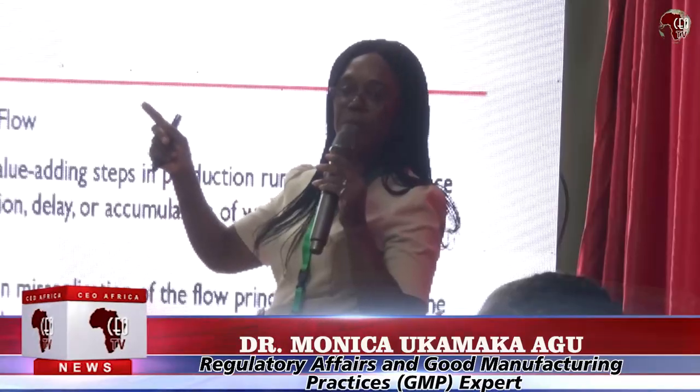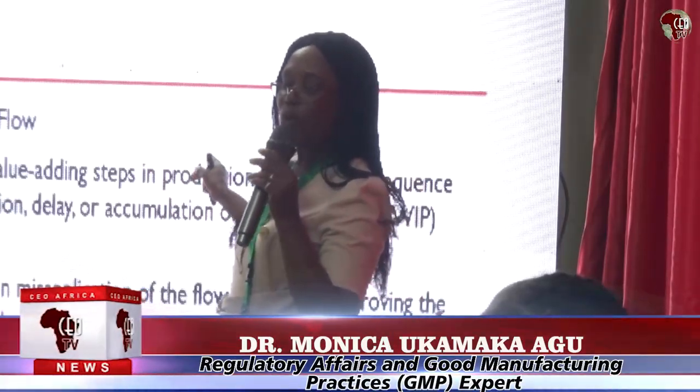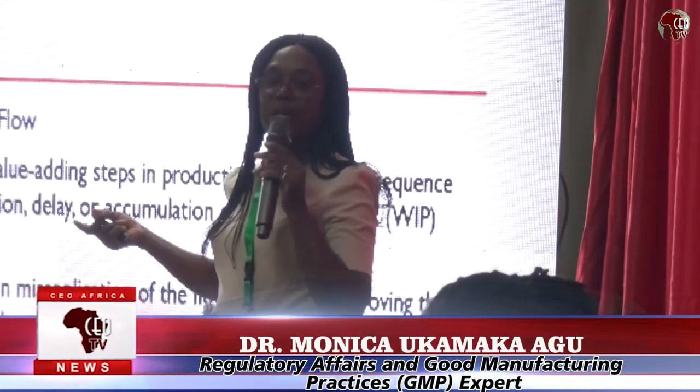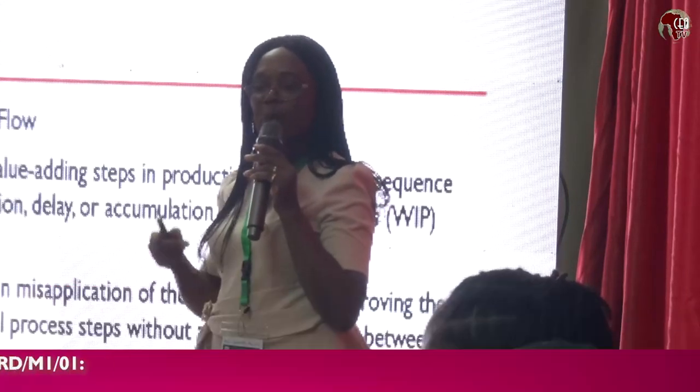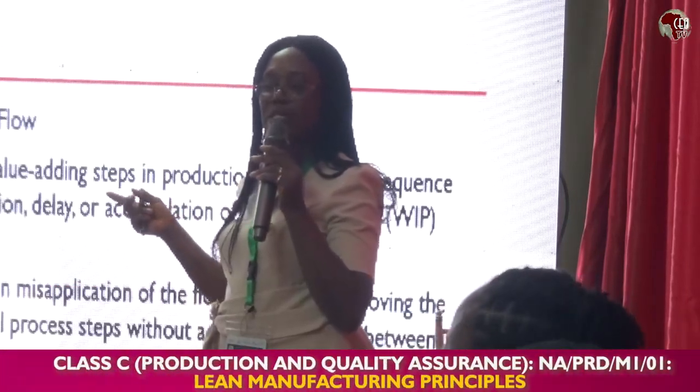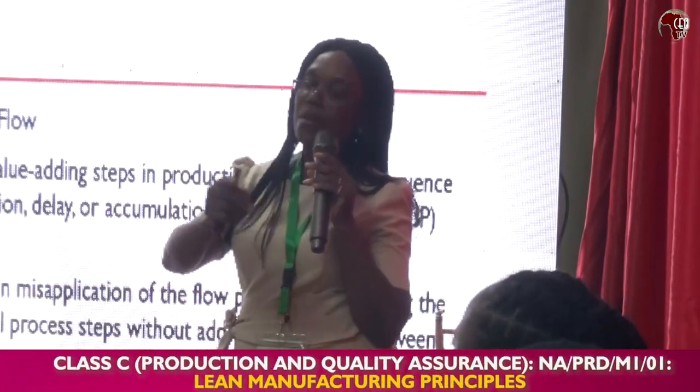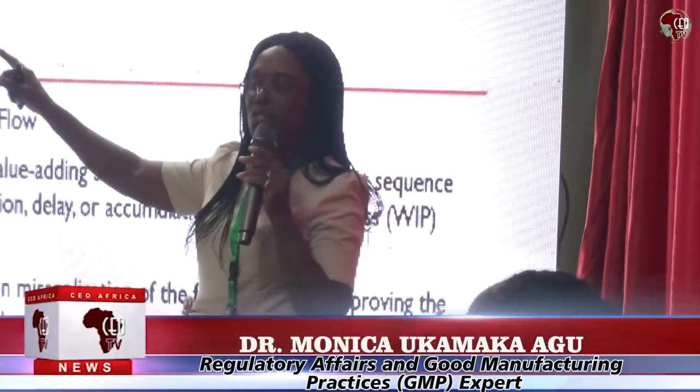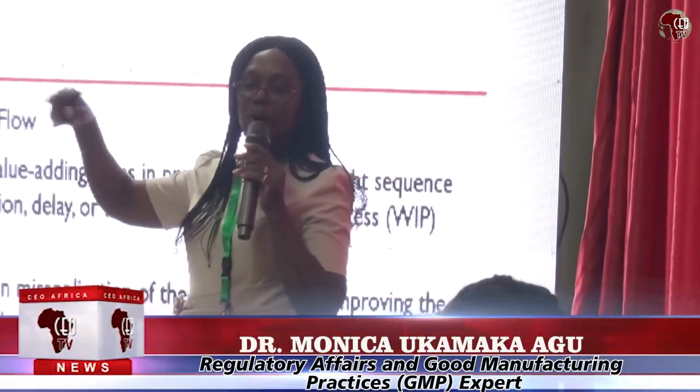Continuous manufacturing is what lean supports. Few companies are already doing that, when they have an automated manufacturing process that is continuous from the beginning. There's no break. That supports a lean operation.